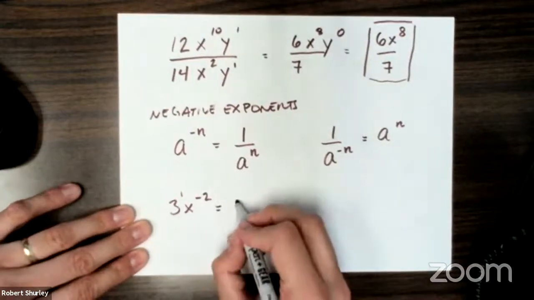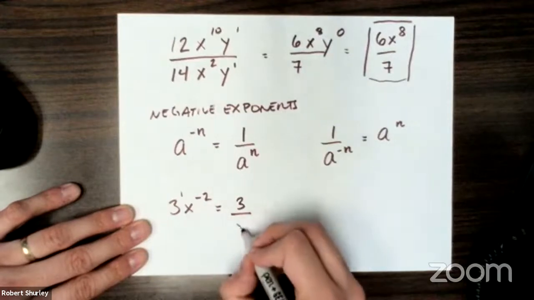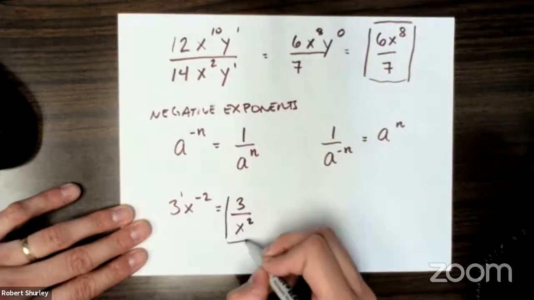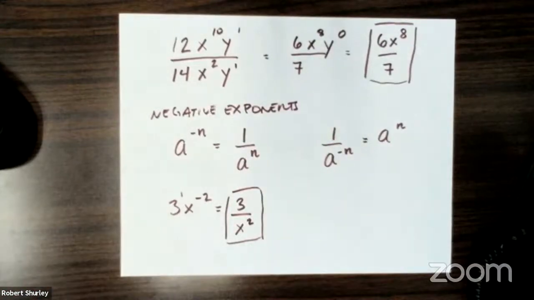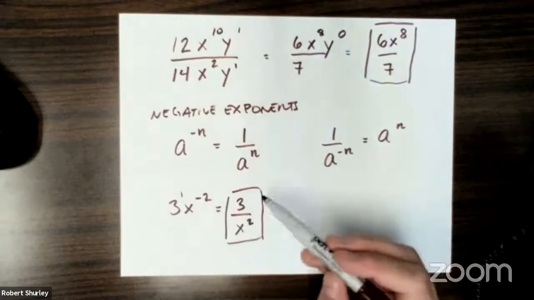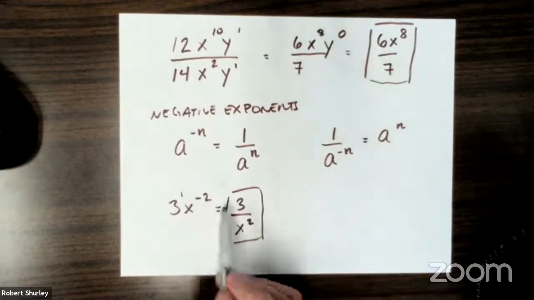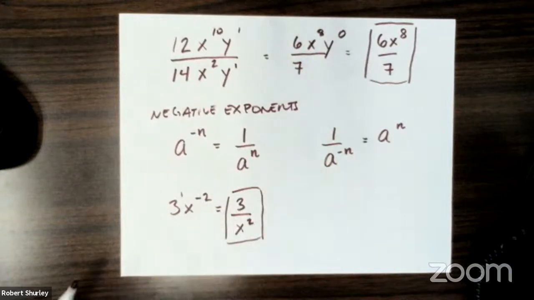So the 3 stays on top, but the x squared moves to the bottom. We get 3 over x squared. Notice it's positive x squared. This is simplified. There are no repeating bases, and also no negative exponents. We got rid of the negative exponent.